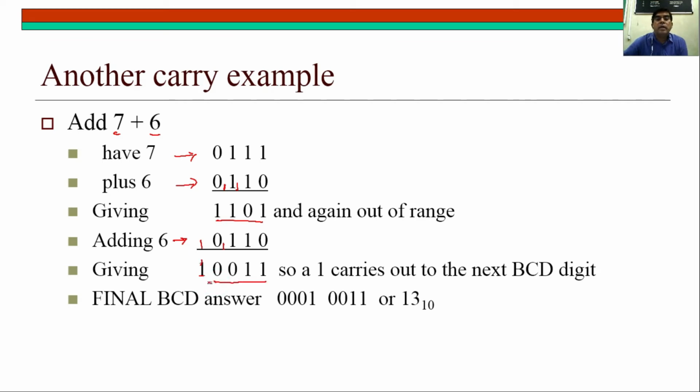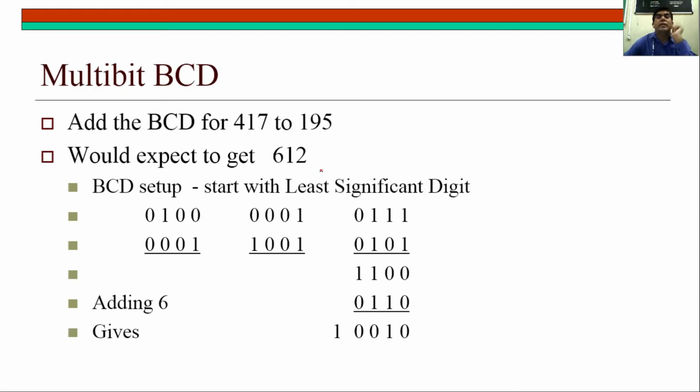This is 3, and this is 1, so 13. So 7 plus 6 is 13, and here I get the number as 13 decimal. So the rule is, whenever your addition is more than 9, we have to add 6 to get the proper addition.